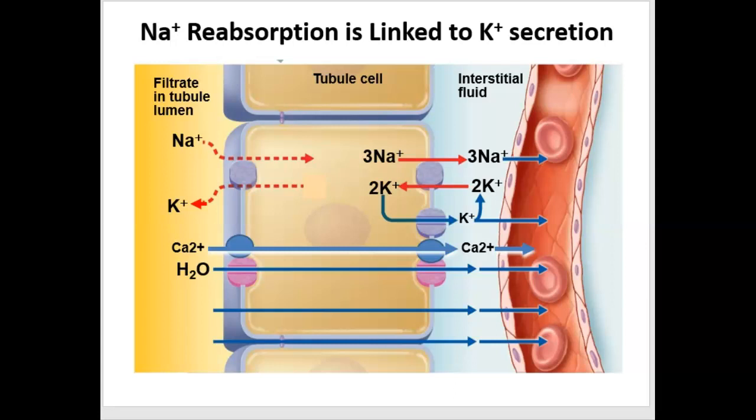So this is the first picture we started out with, transport processes, and this shows the location where sodium is pumped by the sodium-potassium pump back into the blood, we'll say, and potassium goes in the opposite direction.